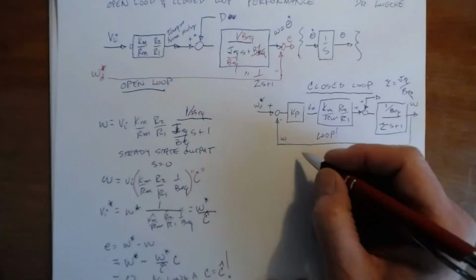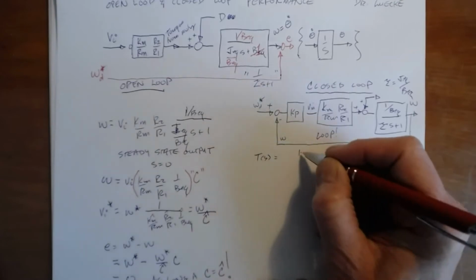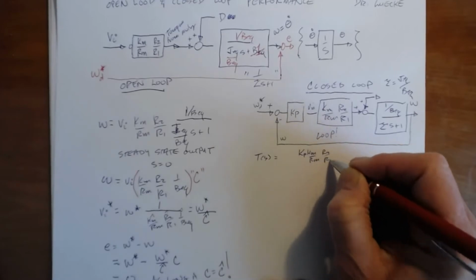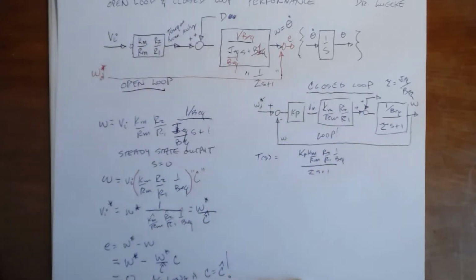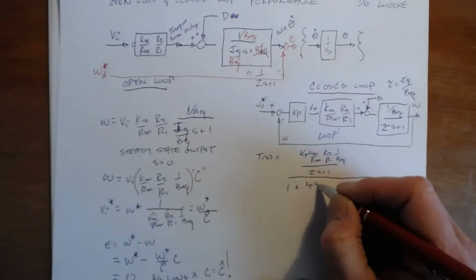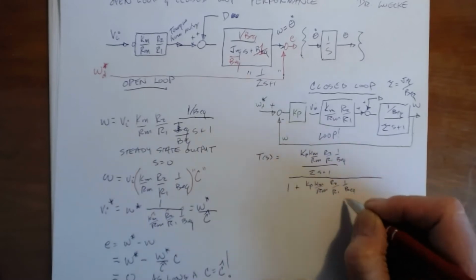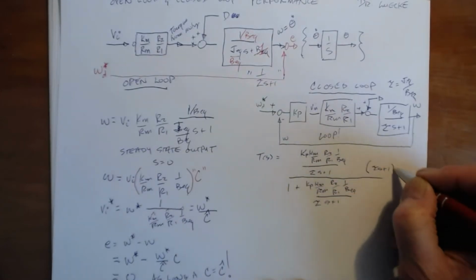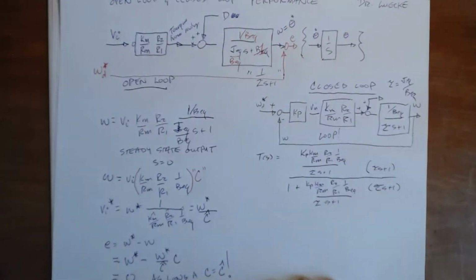The transfer function, T of S, is equal to the feed forward, Kp, Km over Rm, R2 over R1, 1 over B equivalent, divided by tau S plus 1, divided by 1 plus the feed forward times the feedback, Km over Rm, R2 over R1, 1 over B equivalent, tau S plus 1. And then I'm just going to multiply by tau S plus 1 to clear these fractions. There's another formula we can learn later, but for now this is good enough. If there's only one formula that you have to learn, this is the one to learn.